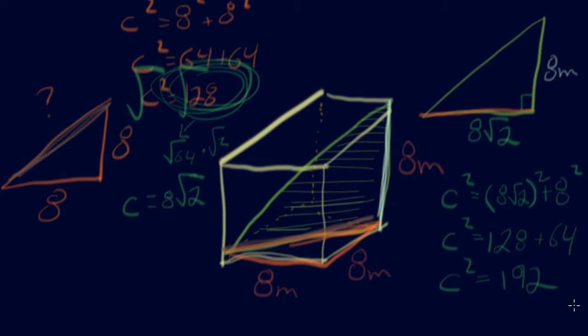I think 64 times 3 will work out. Does that work out? I think it does. 64 times 3, yeah, that works out. So you end up getting c is equal to 8 root 3. So there you go. That's what the diagonal was.